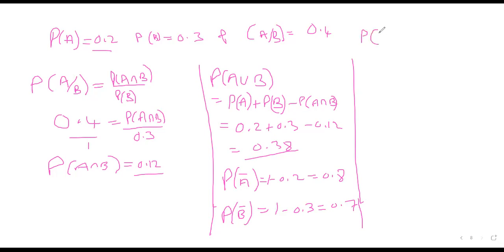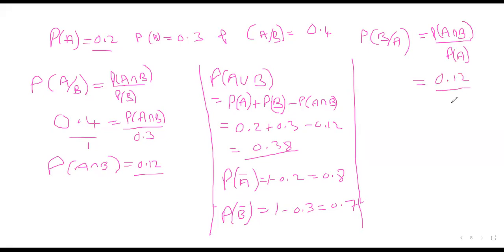Okay. Then how do you find B given A? A goes down. Then on top we have A intersection B. We usually start with what comes first in the alphabet. Do we have A intersection B? Yes, we found it at 0.12.